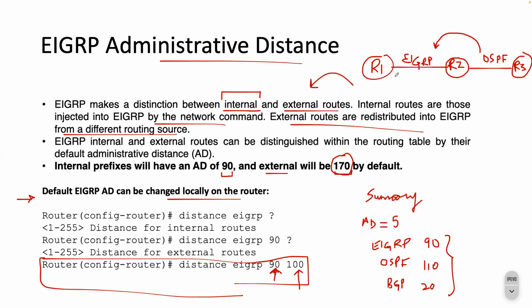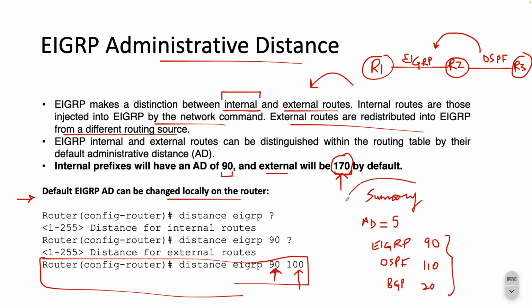And how will they be identified? By this AD value only. Otherwise, they will also be called EIGRP routes. Within my routing table, they will also be shown with the code EIGRP, but their AD will be 170 by default. If I want to change the default administrative distance in EIGRP, that's how I can do it.